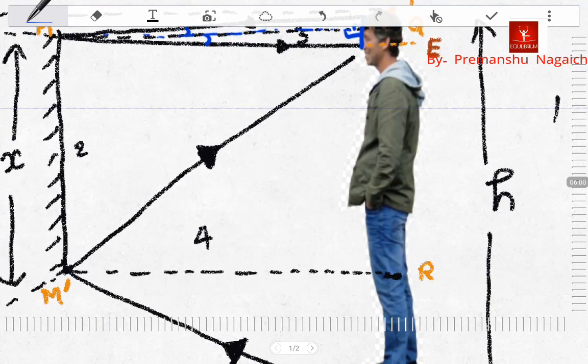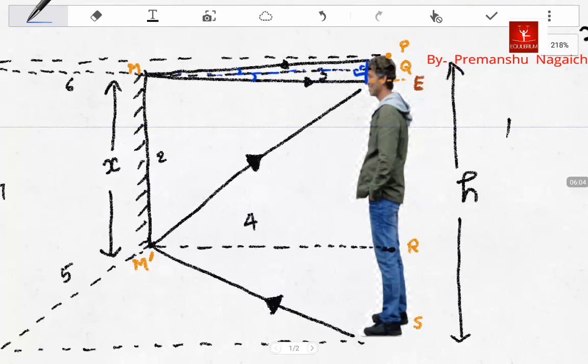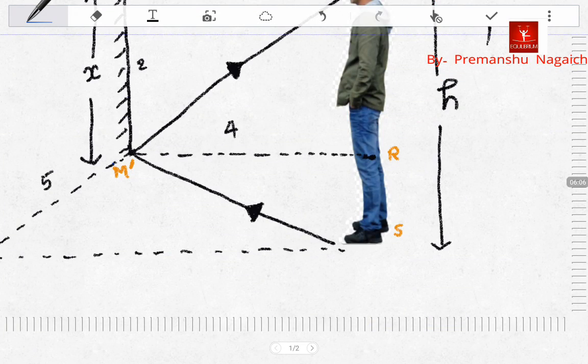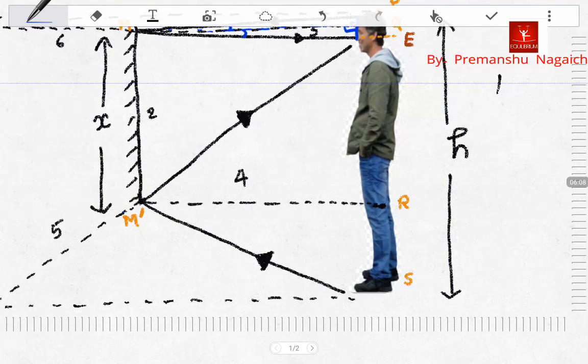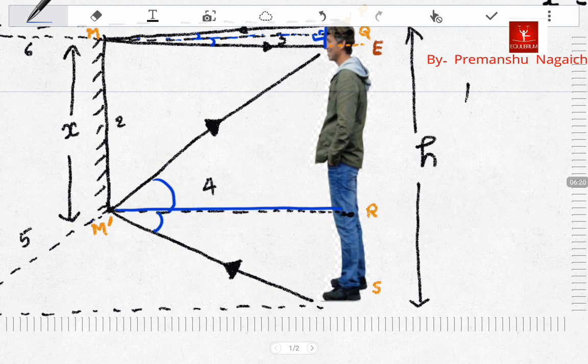And in the same way, triangle EMR will be similar to triangle SMR. Why? These angles would be equal, this side is common, and this angle is 90 degrees.